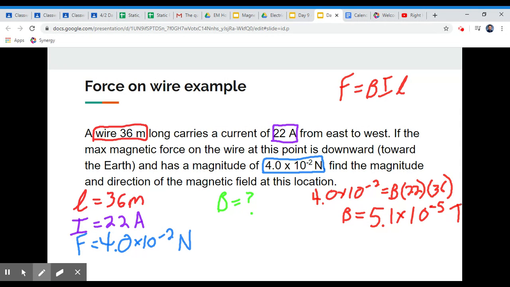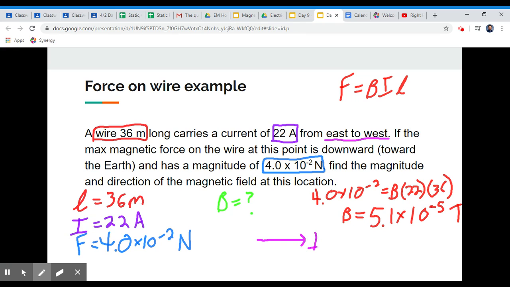So just like yesterday, take your index and your middle finger, make an L, and then point that thumb up. We will say that the current is going from east to west. So let me just kind of color coordinate here. Current is going from east to west, so we'll just call that this direction.